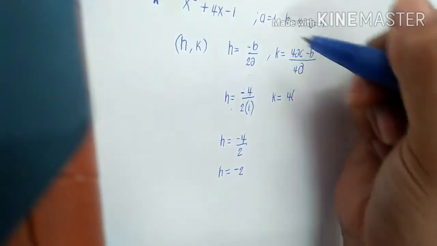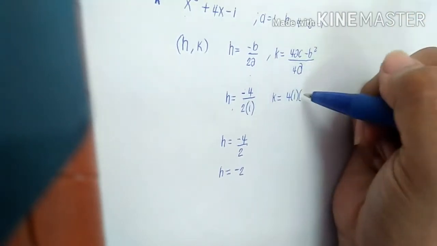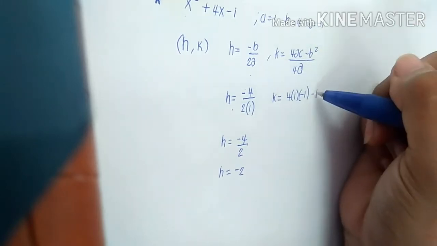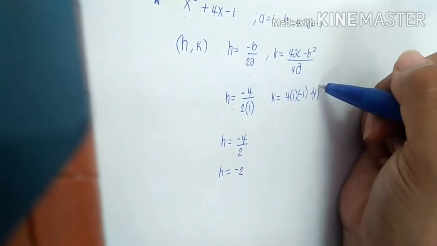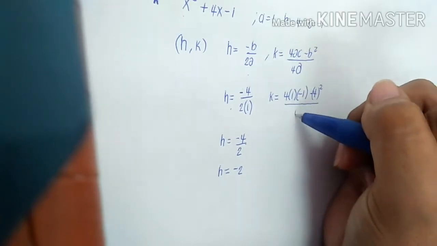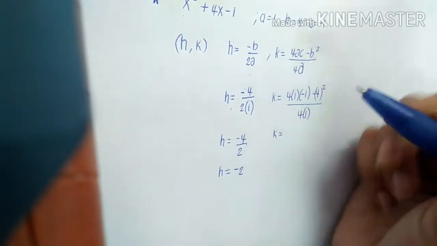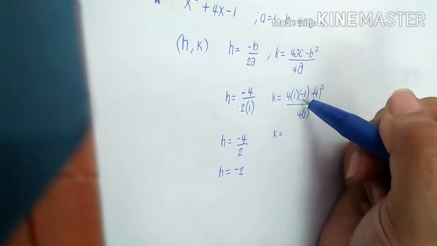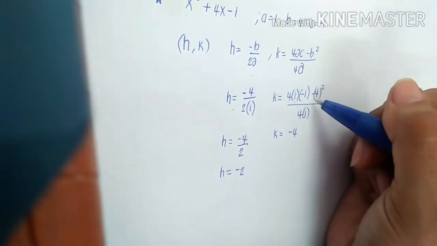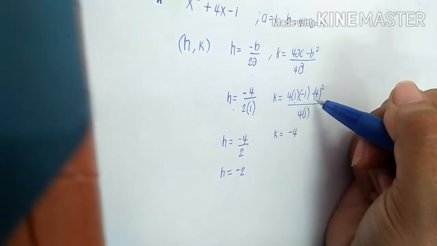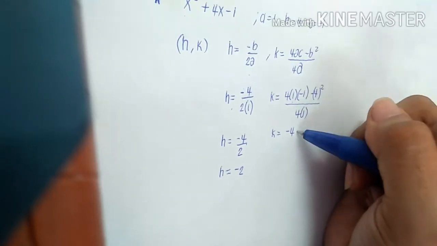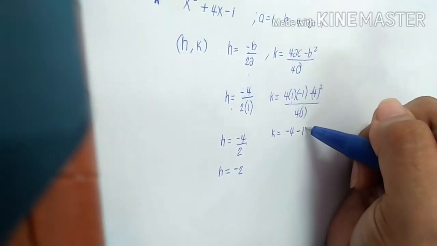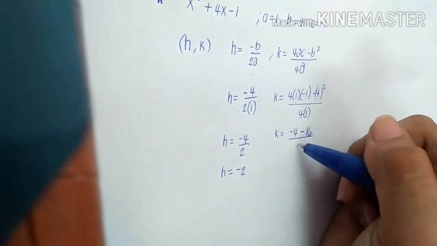Next, our K. Substitute only the values. What is our A? It's 1. What is our C? It's negative 1. Minus, what is our B? The value of our B is 4, and that is squared. Over 4 times A, which is 1. Simplify. 4 times 1 is 4, times negative 1 is negative 4. Then 4 squared is 16. 4 times 1 is 4.